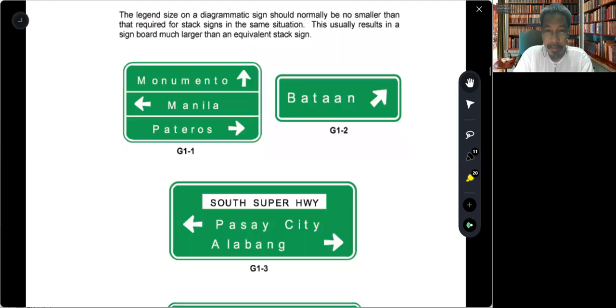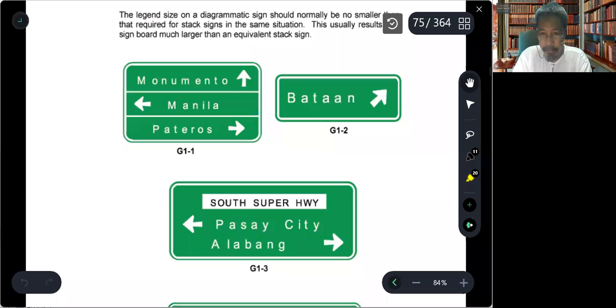Like in Bataan, going 45-degree arrow. Okay? Pasay City, Alabang, as you can see, this sign is for stack sign, South Super Highway. Pasay City, left, Alabang, right. Okay. So, Monumento, straight ahead, Manila, to the left, Pateros, to the right.